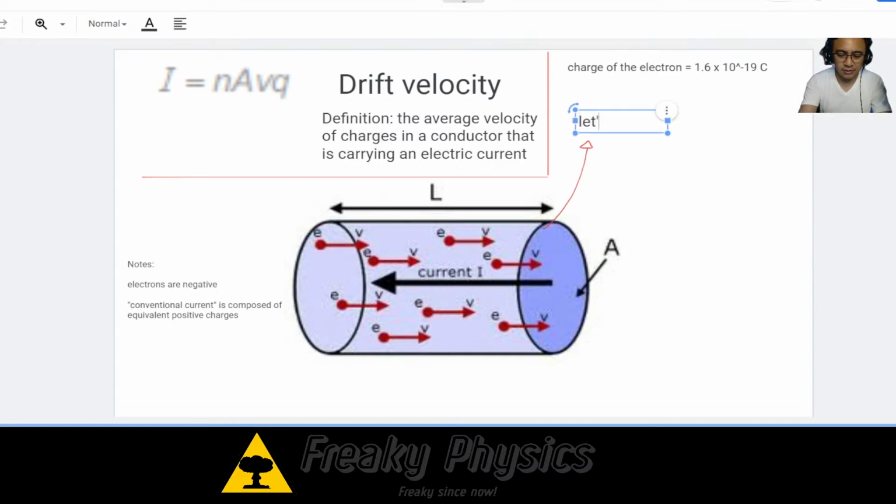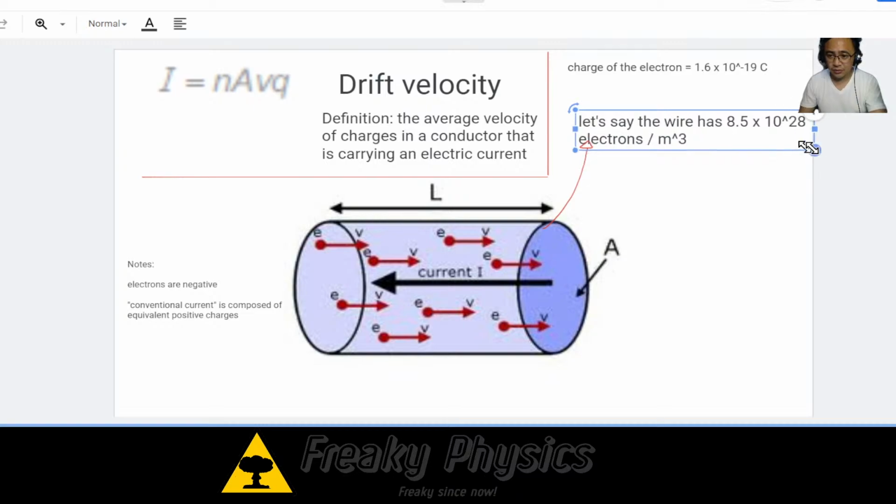Let's say the wire has 8.5 times 10 to the 28 electrons per cubic meter.